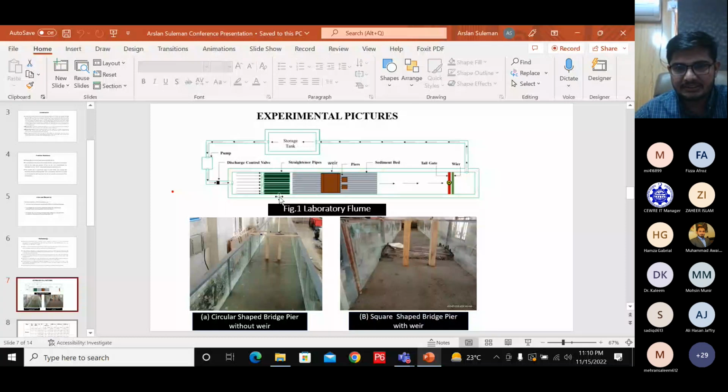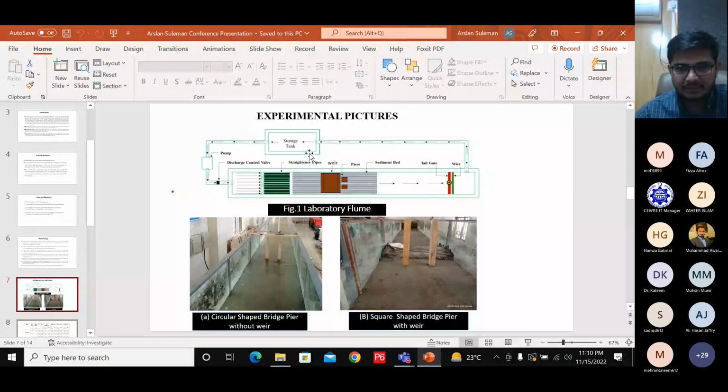This section is for the experiment, where I installed trapezoidal weirs and bridge pier model. You can see here the sediment bed, for which I used 15 centimeter thick sand, and here is the tailgate and weir installed at the end of the laboratory flume, and at last there is a sediment trap from where the water is recycled from the storage tank and then recycled to the main channel.